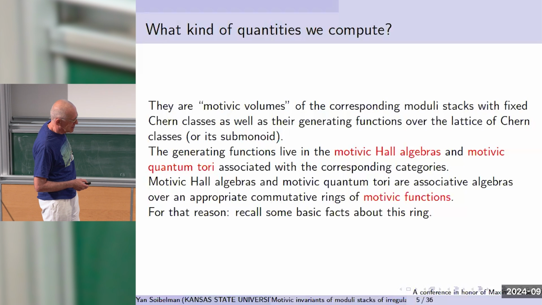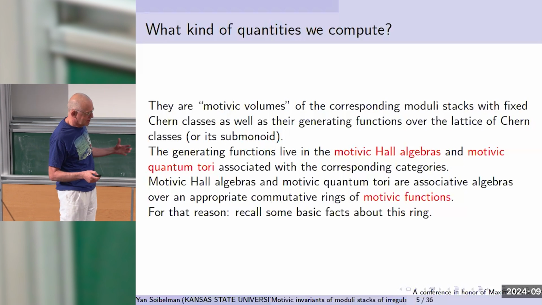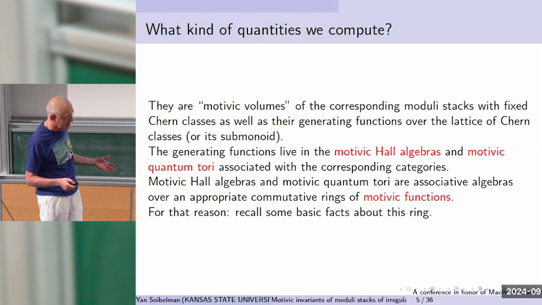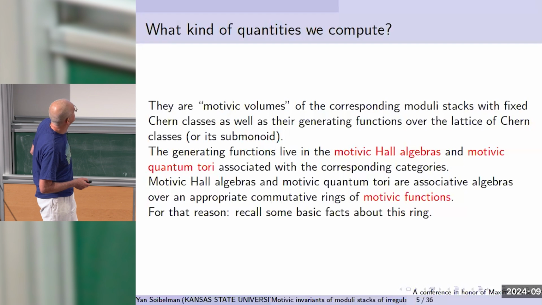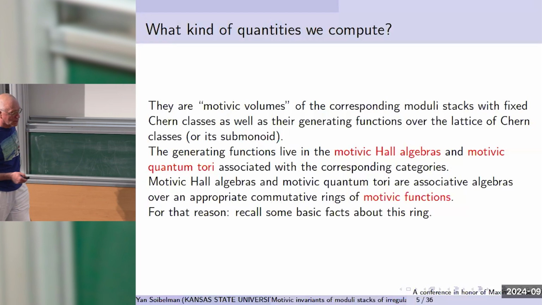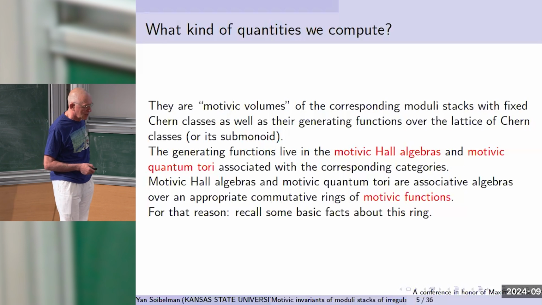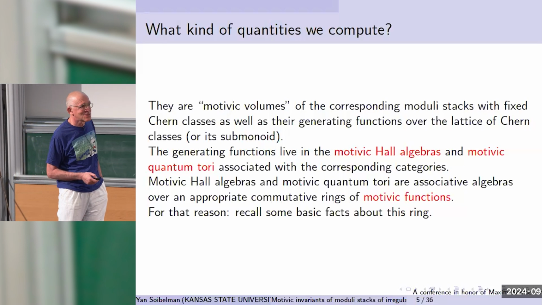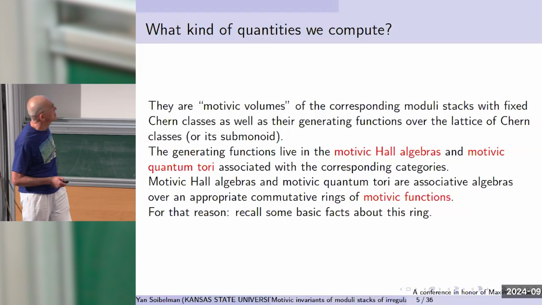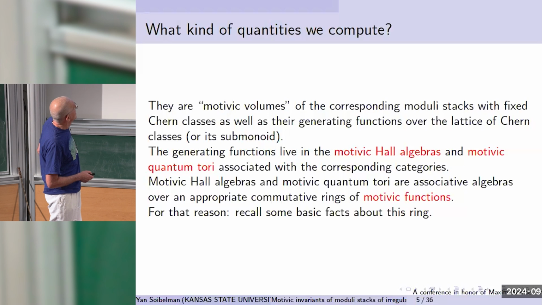So we will consider, for example, bundles with connections of fixed rank and degree, and we will also consider generating functions over this lattice of all Chern classes, or more typically, since the rank is non-negative, over a submonoid in this lattice.